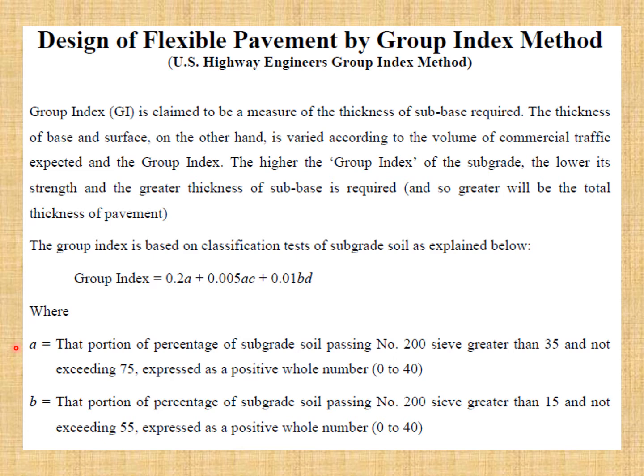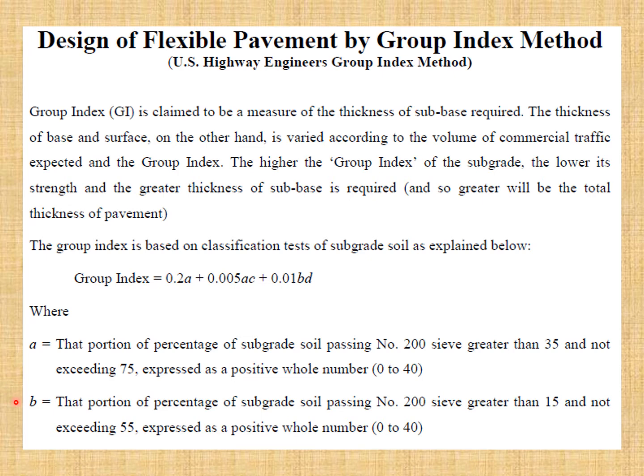So if the percentage passing through sieve number 200 is F, the formula for A is F minus 35. And the range of this A is from 0 to 40. If the value of A is coming negative, it will be taken as 0, and if A exceeds 40, it will be taken as 40.